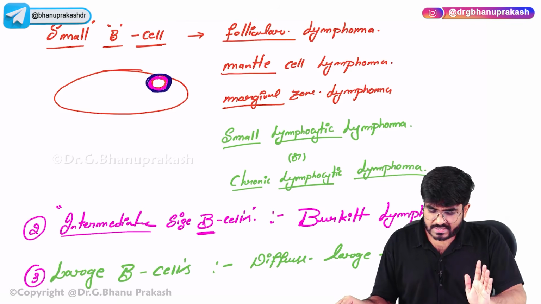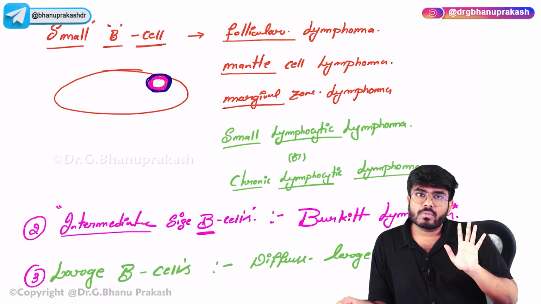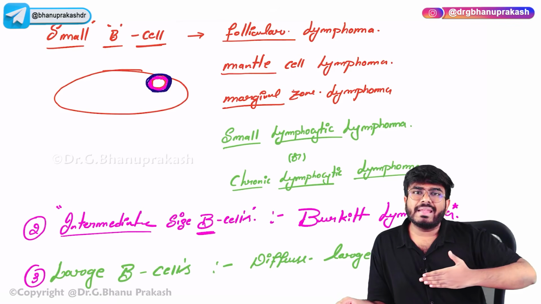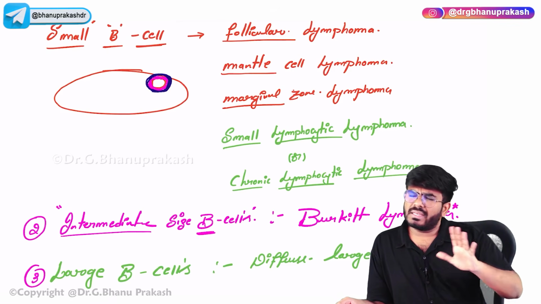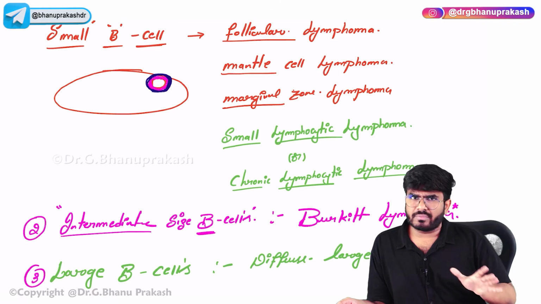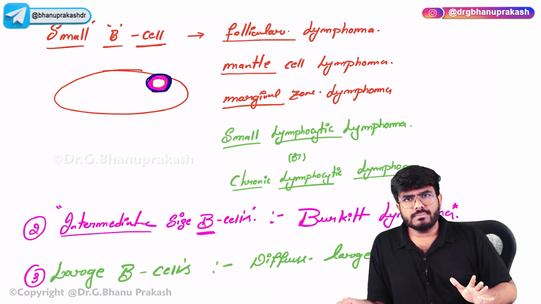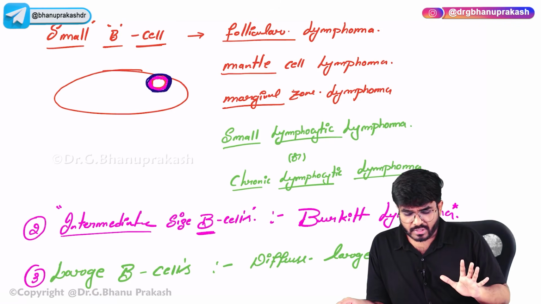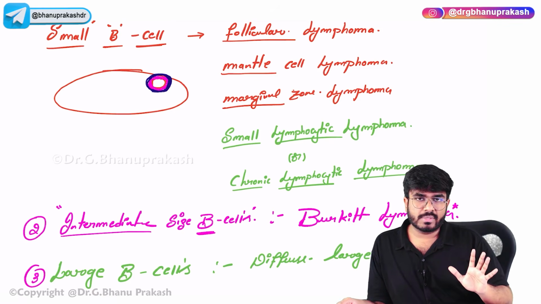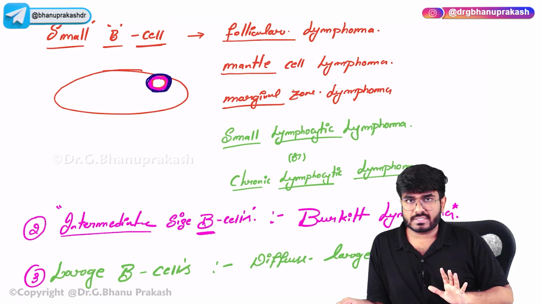From this, I have given you an idea. Non-Hodgkin's lymphomas mainly occur with the B cell. Here I have divided different types of lymphomas based on the size of the B cells: small B cells, intermediate size B cells and large B cells.